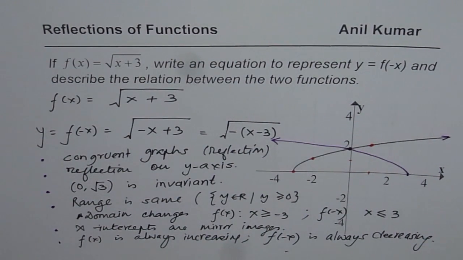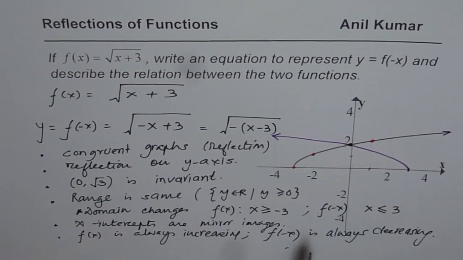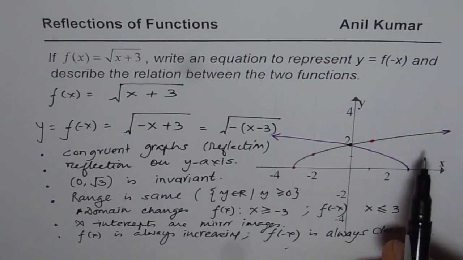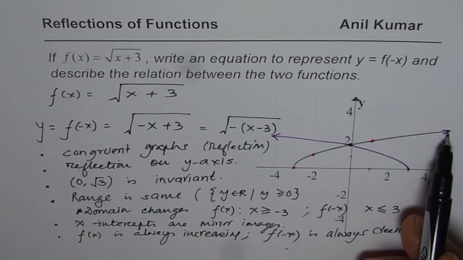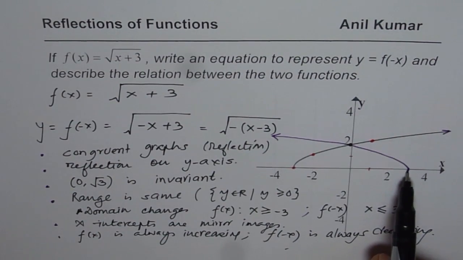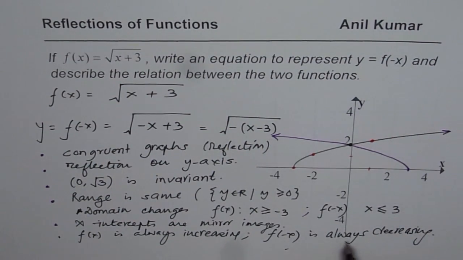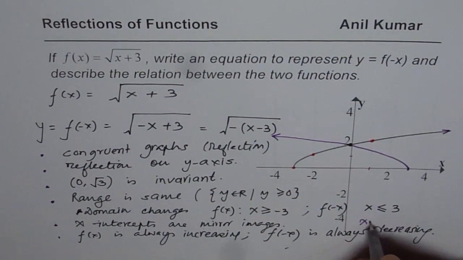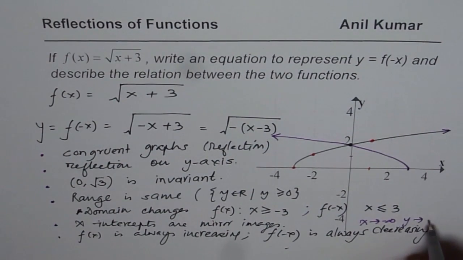So that is what you observe, and that really indicates that when x is approaching positive infinity, the first graph is approaching positive infinity, and the second one is approaching positive infinity when x is approaching negative infinity, right? So this I could say as when x approaches negative infinity, y approaches positive infinity.